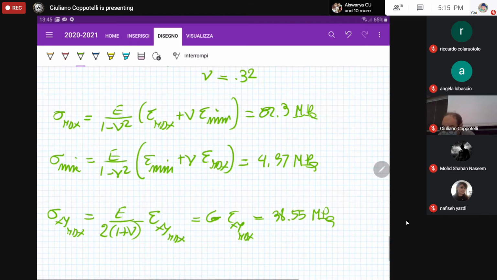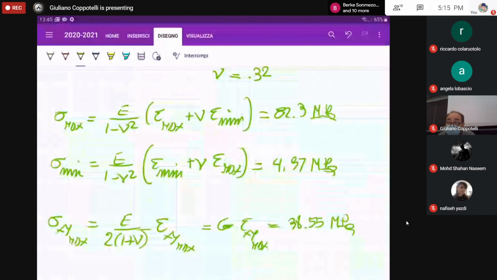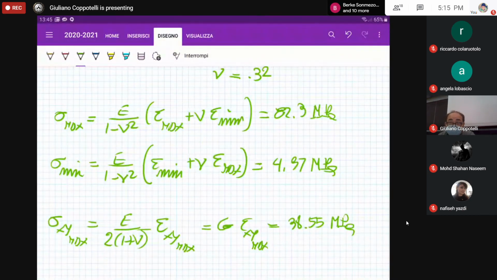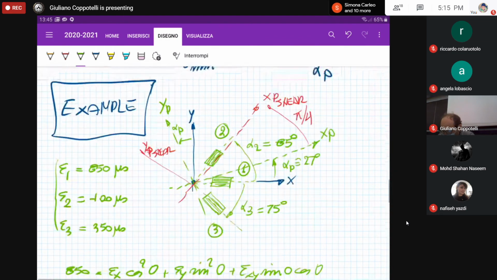Okay, this is just an example, let's say just playing with numbers. But now, from the test point of view, I would like you to introduce a possible uncertainty of the orientation. For example, the positioning of your strain gauges is not that accurate.